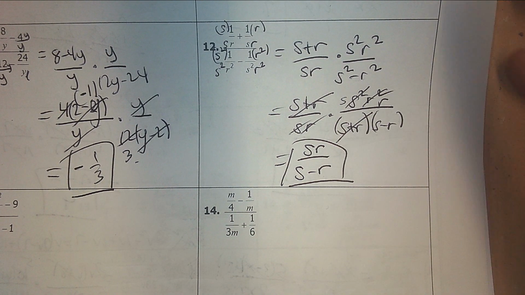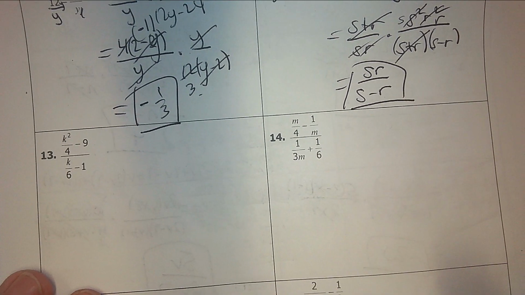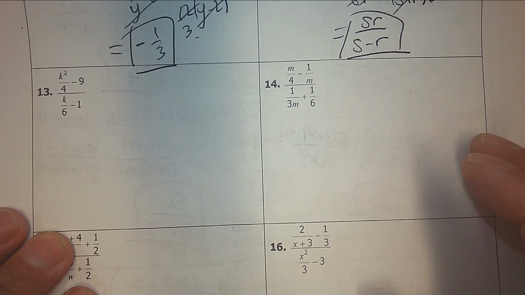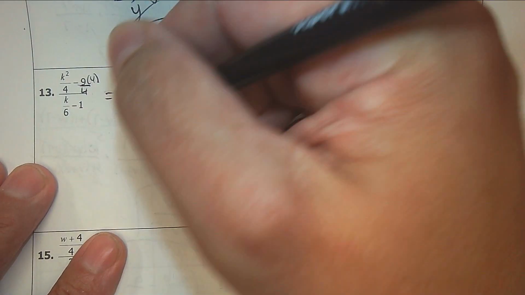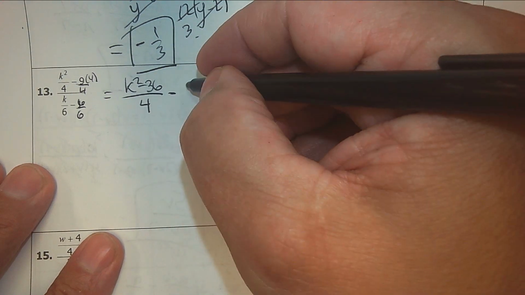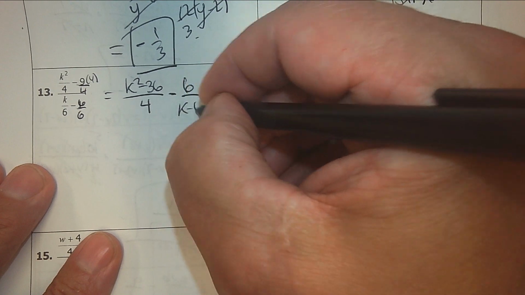Number 13. Common denominators first. So make the numerator one fraction. So I'm going to multiply by 4. So I have k squared subtract 36 over 4. Here I'm going to multiply by 6. So when I combine it together, the reciprocal is going to be 6 over k subtract 6.